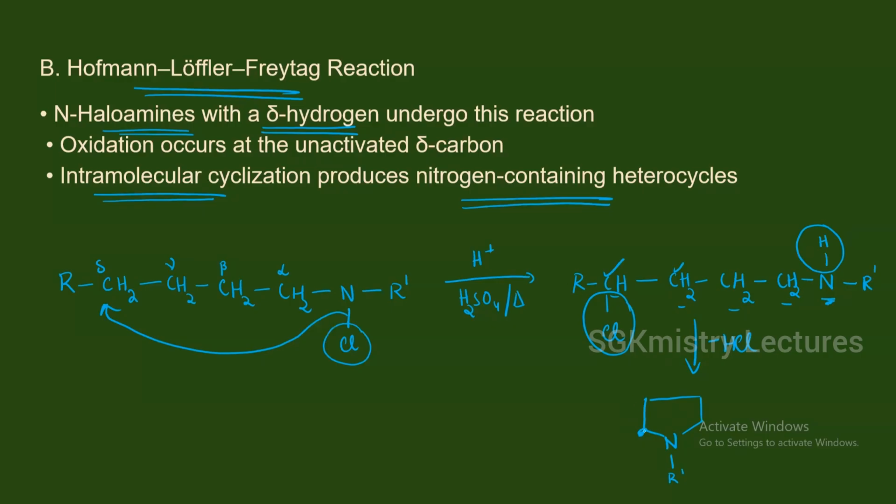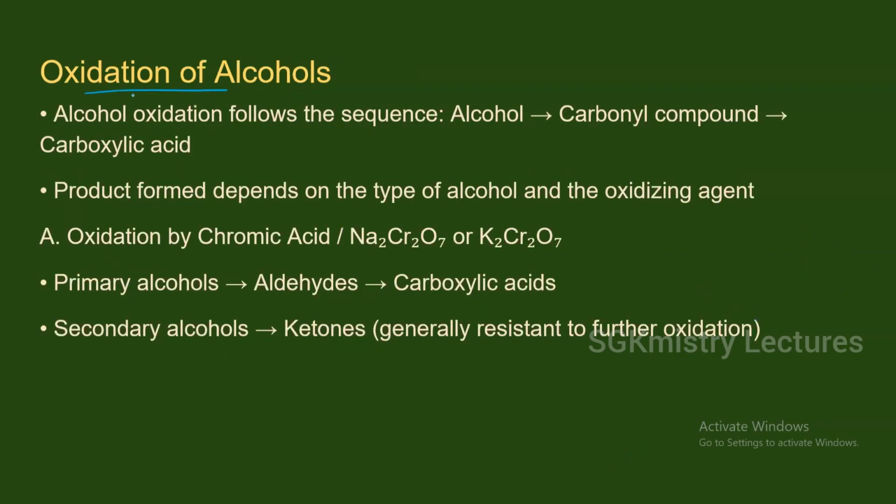Now this CH is attached to R. Because of this, you can see a heterocyclic compound is formed which contains nitrogen in it. So this particular reaction is an important method of preparation of nitrogen containing heterocyclic compounds from N-haloamides. I hope it is clear. Next, talking about oxidation of alcohols.